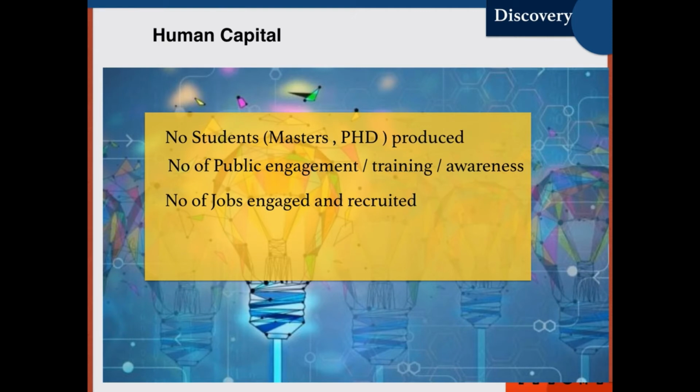So number of jobs engaged and recruited, this is actually direct to the creation of human capital. Value of jobs engaged. So you can also include the number of vendor creation that you create by the act of commercializing your products into the market.